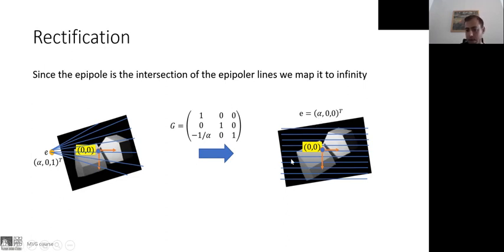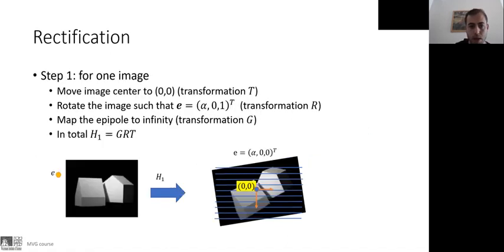So basically it made all the epipolar lines parallel to the x-axis. To sum up step 1, we have 3 steps. We first move the center of the image to be at 0, 0. We rotate the image to have the epipole with a 0 y value, and then we map the epipole to infinity to get parallel epipolar lines. So we can concatenate these 3 transformations and get the homography H1 that we apply on image 1.